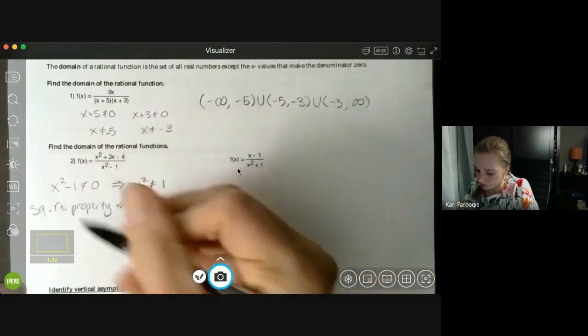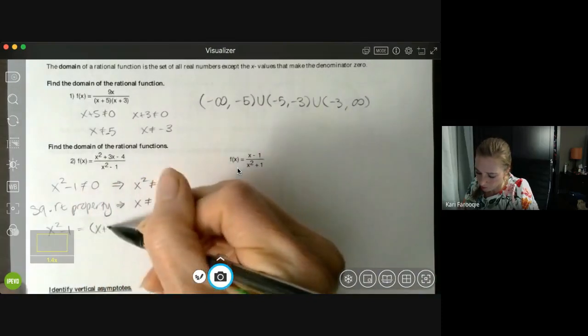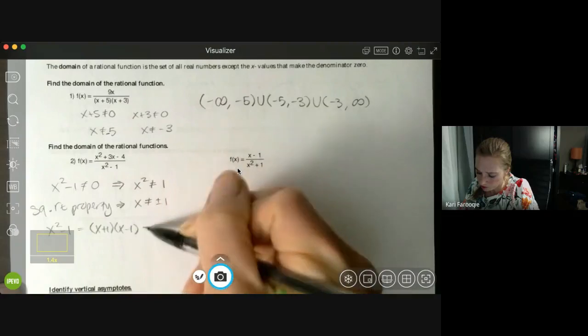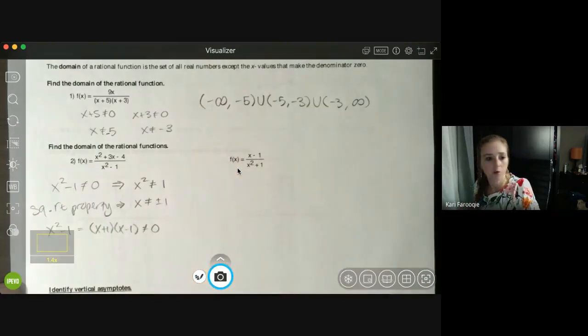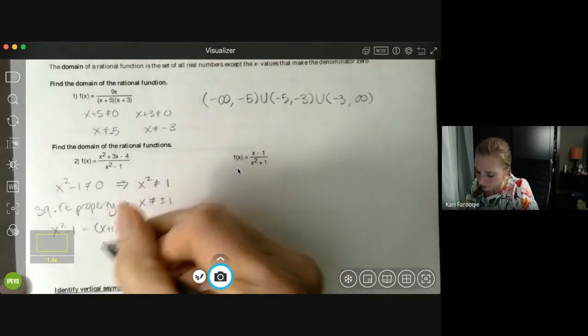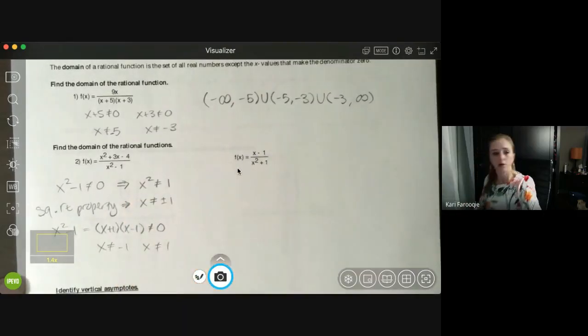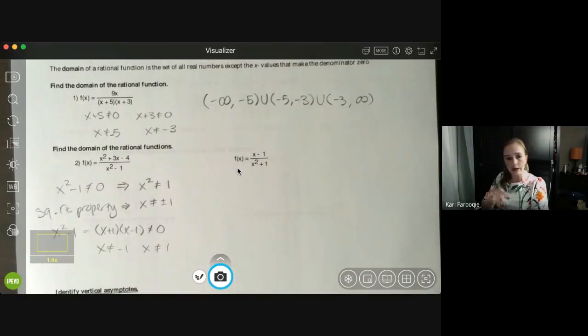Or you can do this using factoring. So you could say x squared minus 1 is equal to, difference of two squares, x plus 1, x minus 1, which cannot be equal to 0. And from there, you would say x cannot be equal to -1, x cannot be equal to +1. However you want to do that, doesn't matter to me.